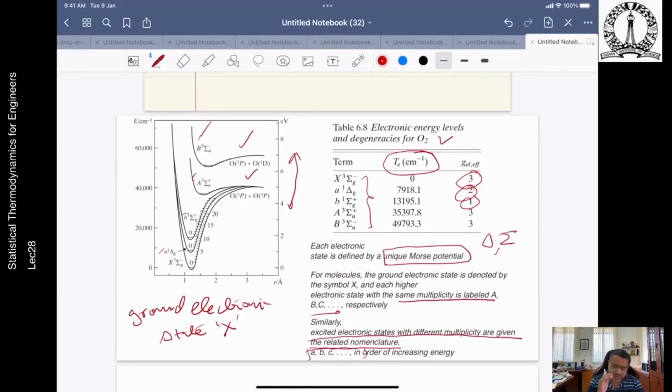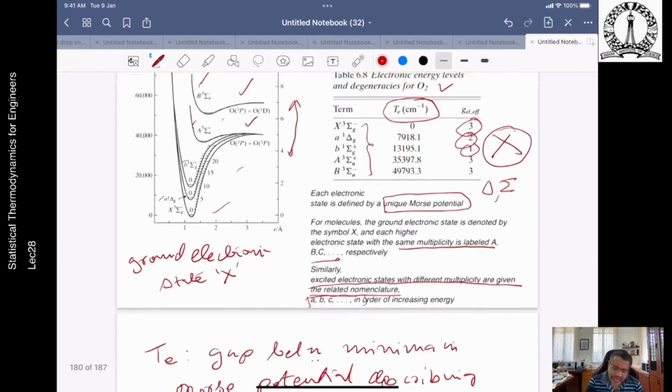So to recap, each electronic state is represented by a separate Morse potential, which we see over here. If the electronic state has the same multiplicity, it is designated as capital A, capital B, capital C. These are higher electronic states compared to the ground state. The ground state is always represented as X. Similarly, each excited electronic state with different multiplicity is given the symbol small a, small b, small c.